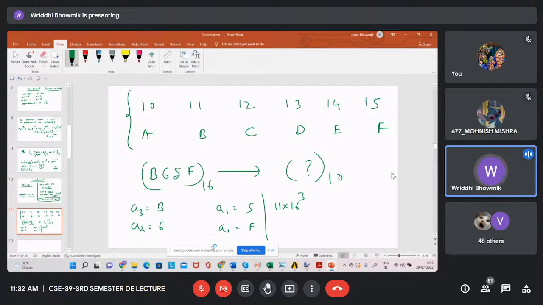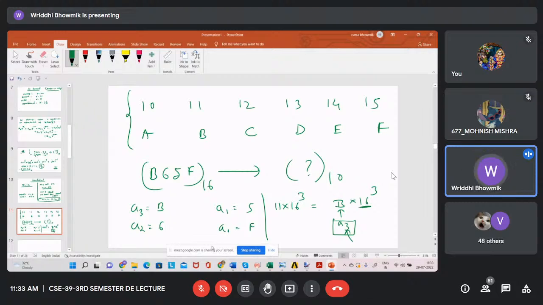But when you try to convert the hexadecimal number into the decimal, this is equivalent to B, which is at position 3, and it is multiplied by the power of 16, where the power is 3, because the coefficient has the suffix 3. So B will be multiplied by the power of 3.